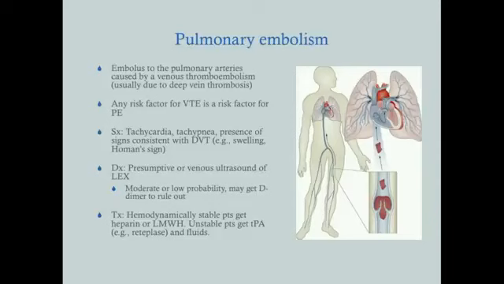Presence of signs consistent with DVT, so things like calf swelling, increased calf diameter. Usually we measure the diameters of both calves to check if there's a difference. And then Homan sign, where you do dorsiflexion of the foot passively, and that should cause pain in the affected leg.